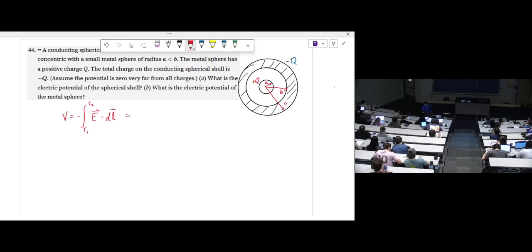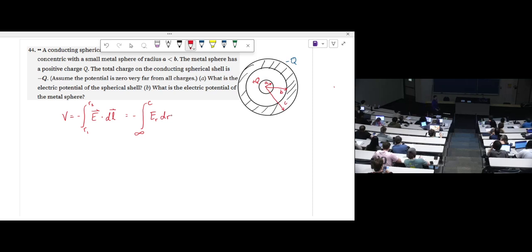In this case, for spherical or point charges, it's convenient to take our reference from infinity, an infinite radius away. And then R2, we're going to go to the radius C here, and this would be E_r dr.